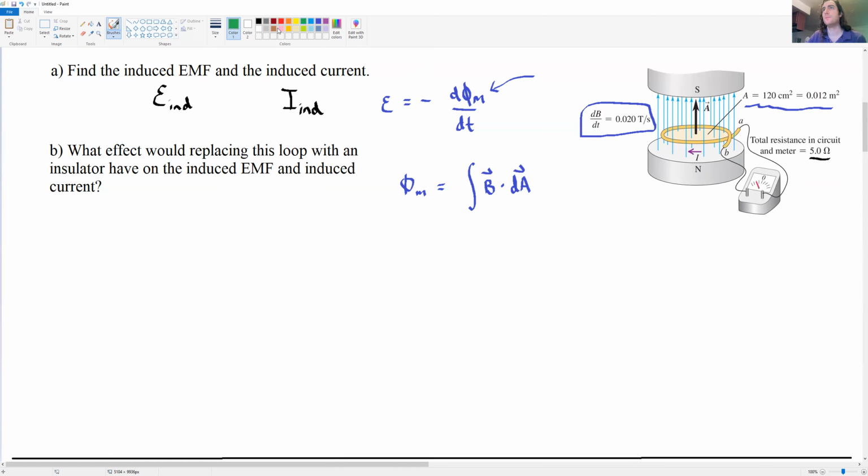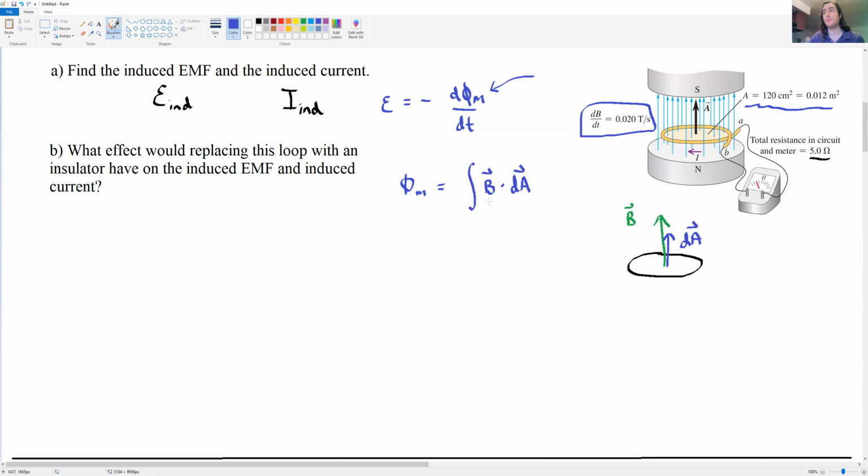Okay, but let's take a look here at our loop. Let me draw a simpler loop down here like this. So this is our loop here. And in this loop, we have the magnetic field going vertical like this. And of course, the area vector for this loop is also going to be pointing vertical in the same direction as the magnetic field.